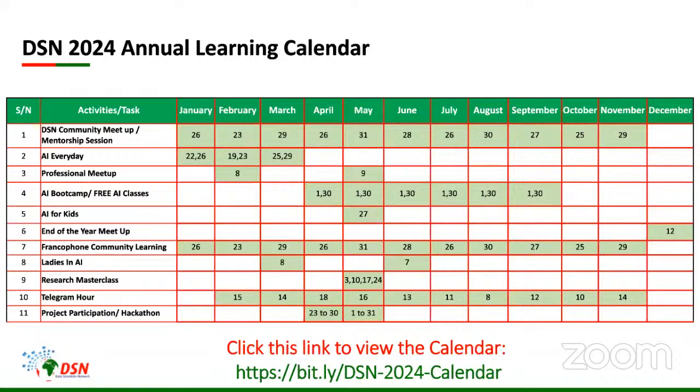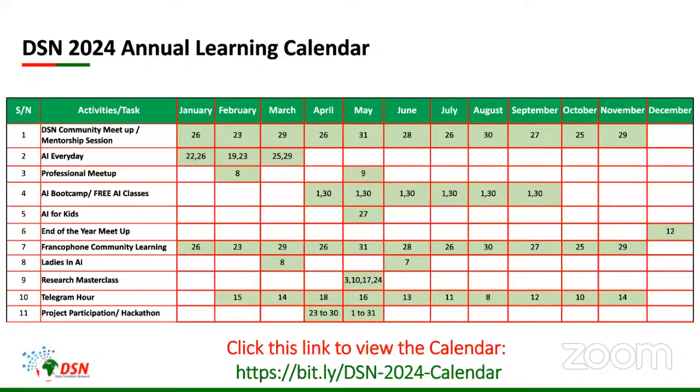So, yes, community is a very key part of DSN, and we run events all through the year. Currently, you will see where we have free classes, July, August, which means that this is what we are currently doing.